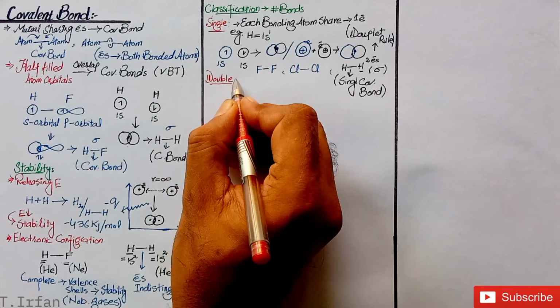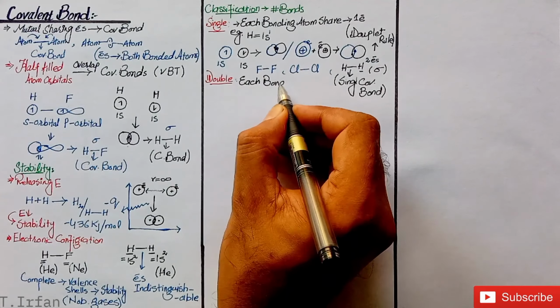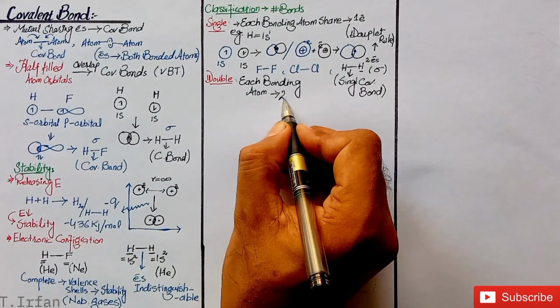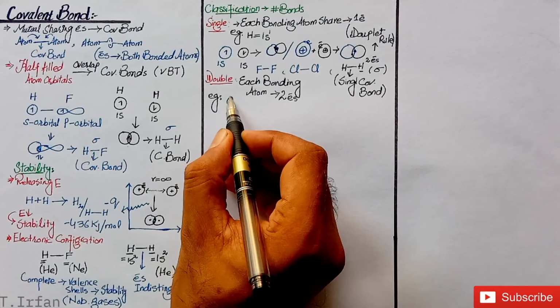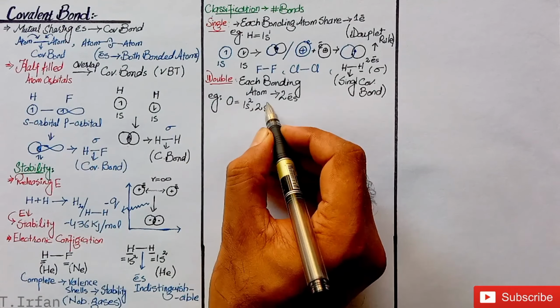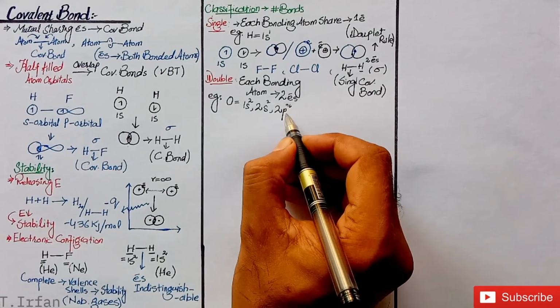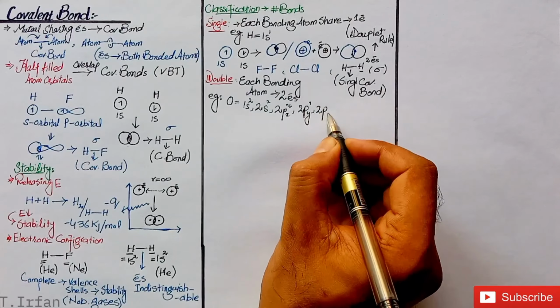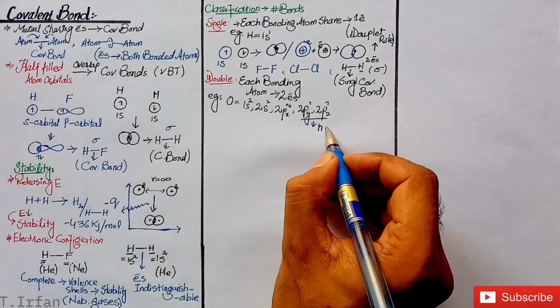The second type is the double covalent bond, where each bonding atom shares two electrons. For example, oxygen gas has double covalent bond, and when we discuss the electronic configuration of oxygen atom, this has two half-filled atomic orbitals, which are 2py and 2pz.